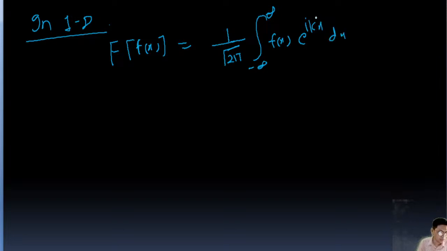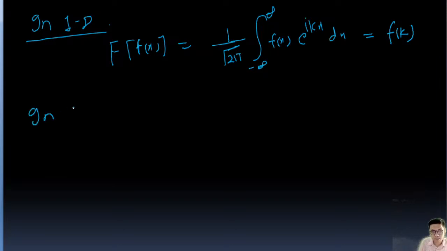We can say this is the Fourier transform of f(x), which we denote by f(k), a function of k. This is the definition of Fourier transform in 1D.